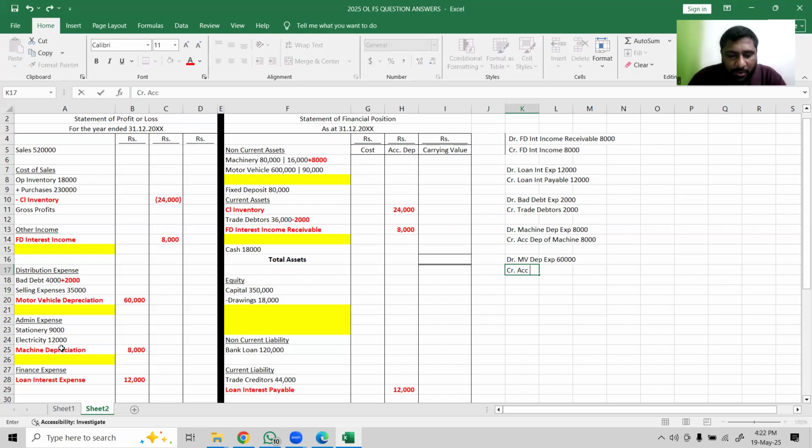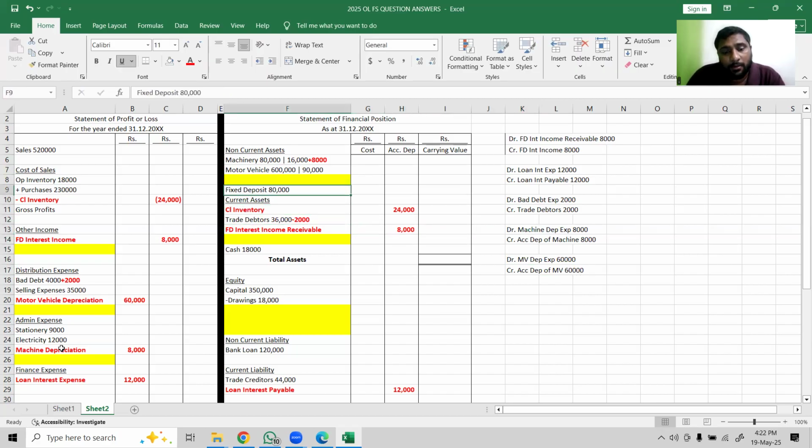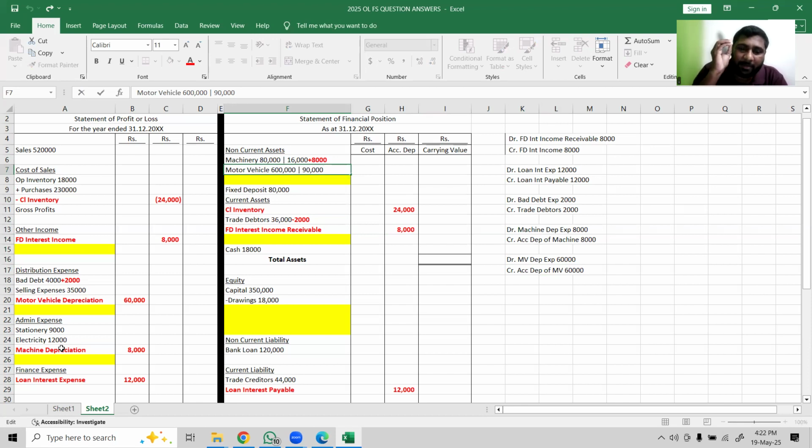Credit the accumulated depreciation of motor vehicle 60,000. So before the line, I kept that line for the separation of cost and accumulated depreciation. Plus 60,000. That's all.